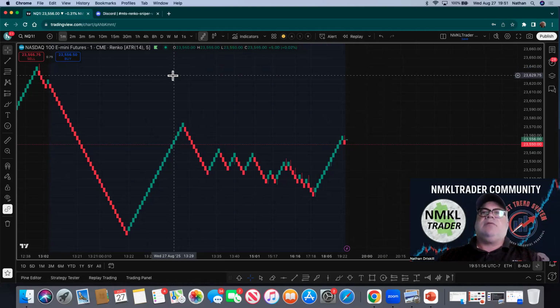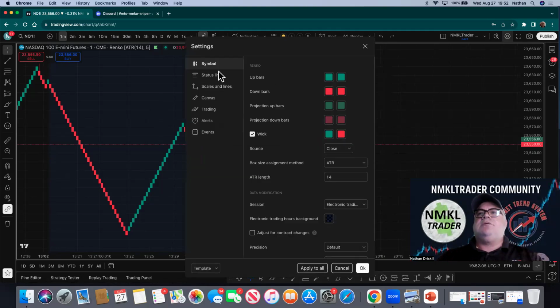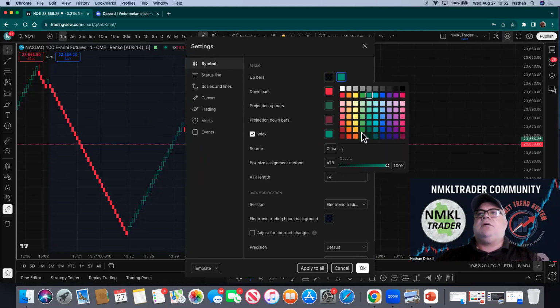But let's go ahead right now. What I want you to do is right click on your mouse and go down to settings. Now, you see here, I'm only going to go to the symbols tab. I don't need to go to any of this other stuff. I'm going to take the opacity for my up bars and down bars and take them to 0.